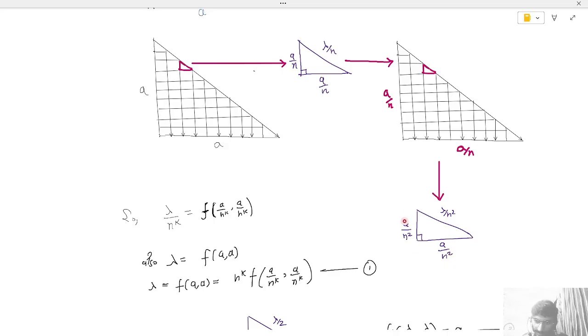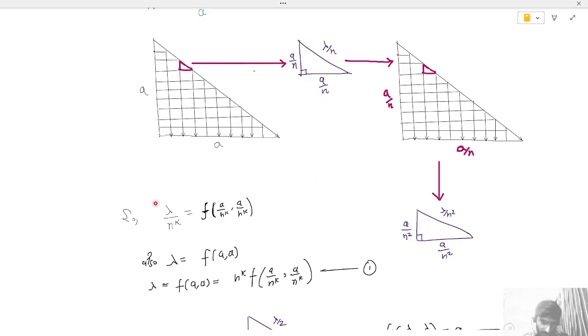And the perpendicular will be a by n square also, both are same, and similar for the hypotenuse. So as you go more and more deeper into smaller scale, you will see the lambda will be divided by n every time you scale down, and same for the other lengths, the perpendicular and base.